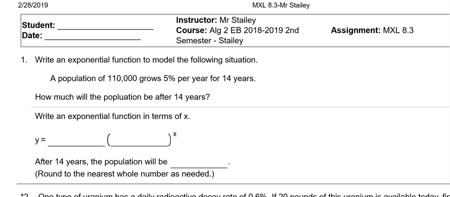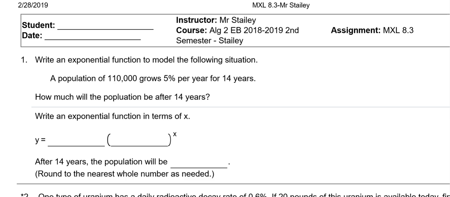Okay, so this is a story problem situation. I'm going to try to limit the types of story problem situations. But here's a population that starts out at 110,000, grows 5% each year for 14 straight years. So tell me what I would need to put in here for this equation. We've kind of done these already.